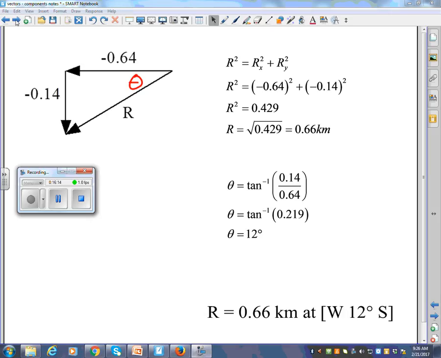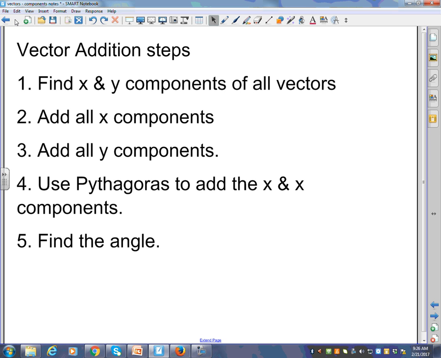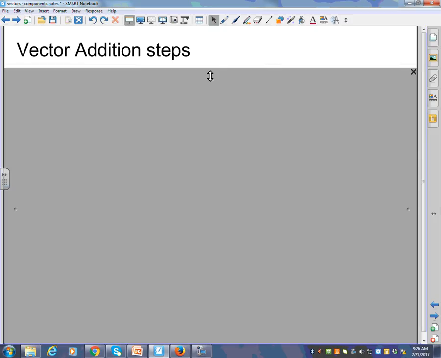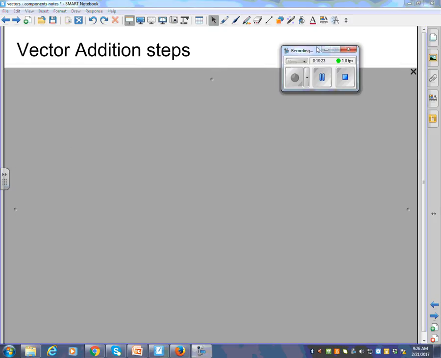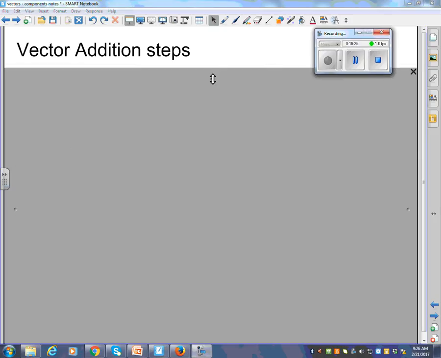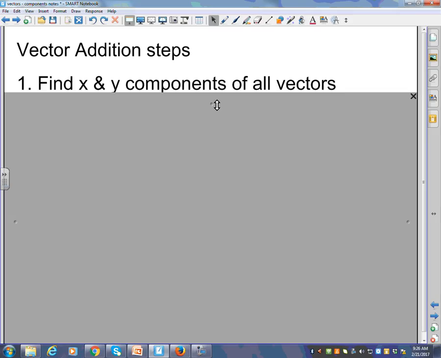Okay, now whether this is for everyone or not, I don't know, but here's the steps. Your choice whether you want to write this down or not. What were the steps? What's the first thing we did? We found all the x and y components, right? That's the first thing we did.